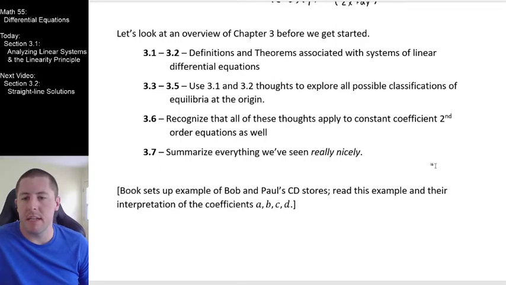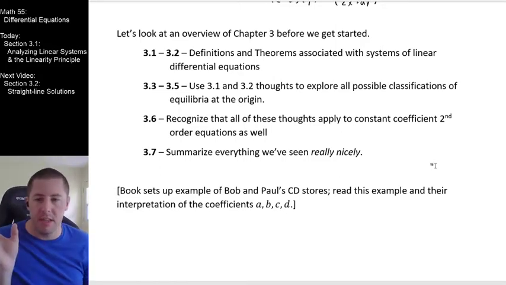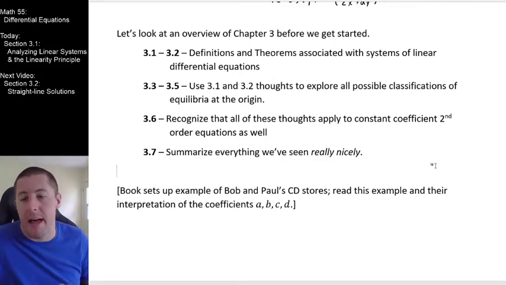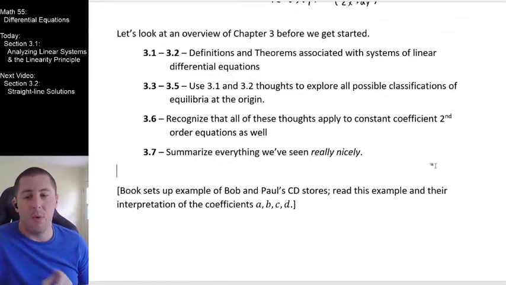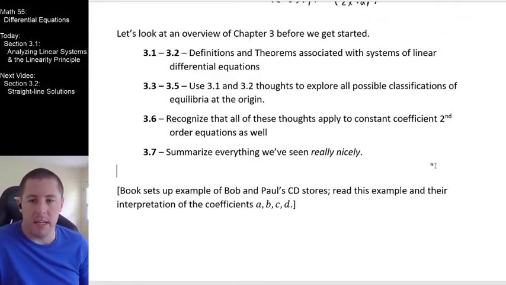So section 3.6 is saying, let's convert what we learned in the last 5 sections to also apply to this other scenario that doesn't necessarily seem to be directly related, and we will prove that they are very closely related and that we can use the same techniques to solve them.